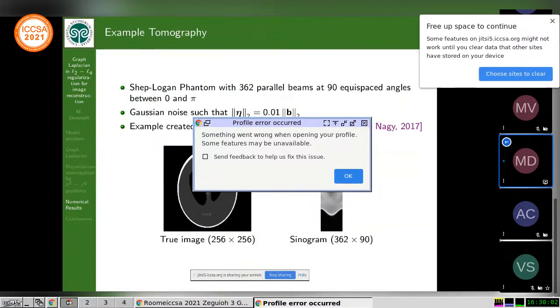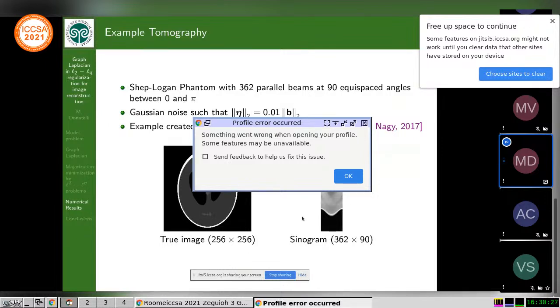So in this computer tomography example, we add Gaussian noise of 1%, and this is created with the IR Tools toolbox by Gazzola, Hansen, and Nagy, where our observed signal, of course, is the sinogram, and from the sinogram we want to compute the true image.